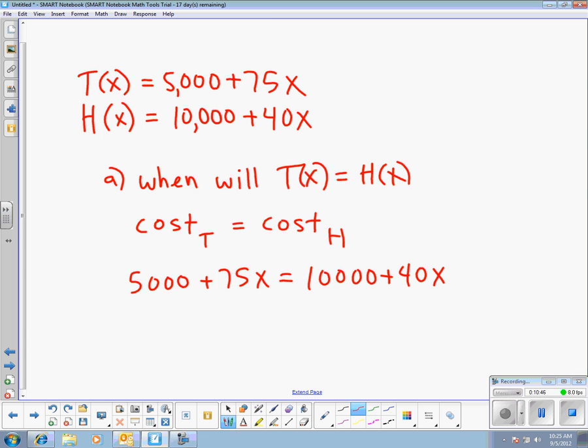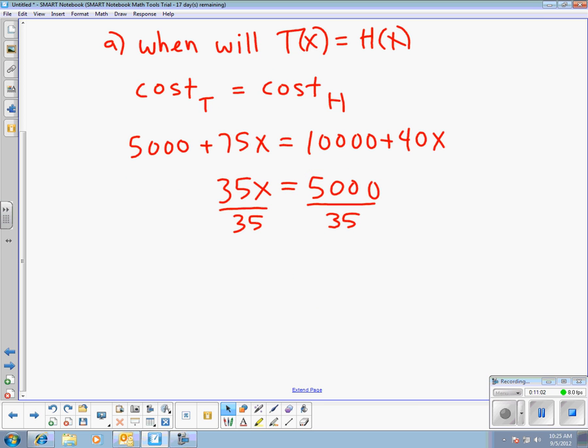Okay, so I'm going to subtract 5,000 from both sides and get 5,000 over here. And I'm going to subtract 40x from both sides and get 35x over here. Divide by 35. And 5,000 divided by 35 is 142.85. And in our setup, this was in months.